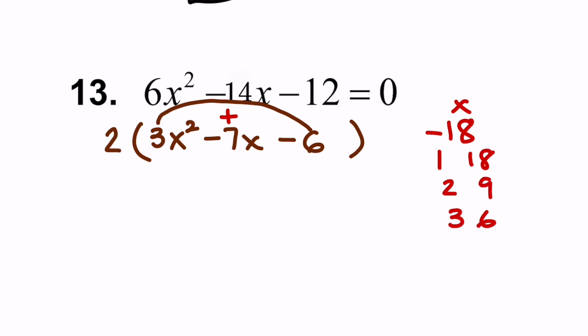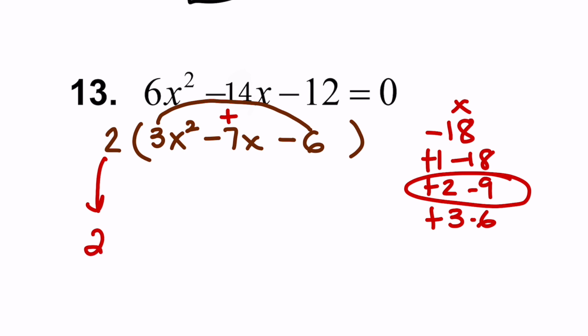Now since we have a negative 18, we know that one number is negative and one is positive. If we're trying to add to negative 7, the bigger number has to be negative and the smaller number has to be positive. So 2 minus 9 is our negative 7. Now we want to make sure we bring the 2 down.